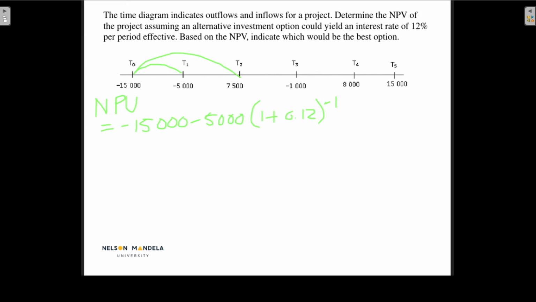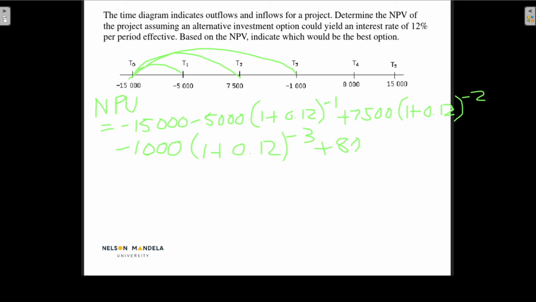Then the inflow of 7,500. And this outflow, we move it back 3 time periods.